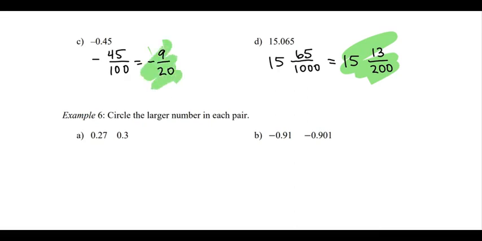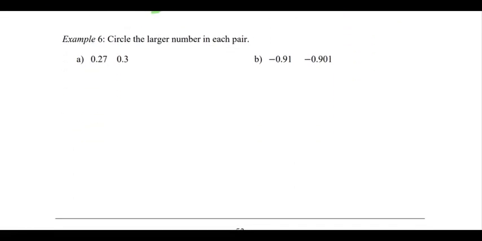Okay. When you compare decimal numbers, what you're going to do is compare the values. You will go digit by digit and see which one is larger, because right now when you look at 0.27 and 0.3, our natural inclination is to say 27 is greater than 3, but that's not quite true.